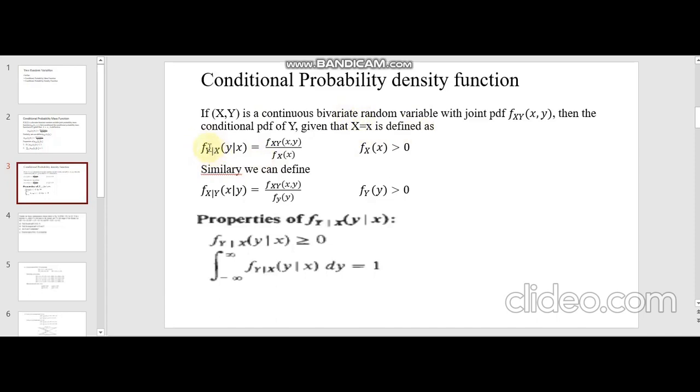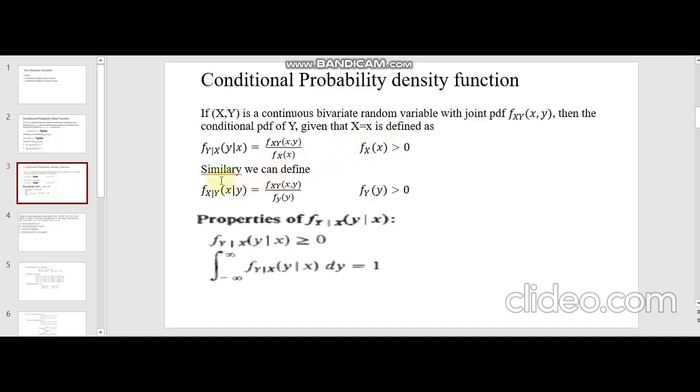This bar is used for "given x". It is equal to the joint PDF of x and y divided by the marginal PDF of x, such that f sub x is greater than 0.